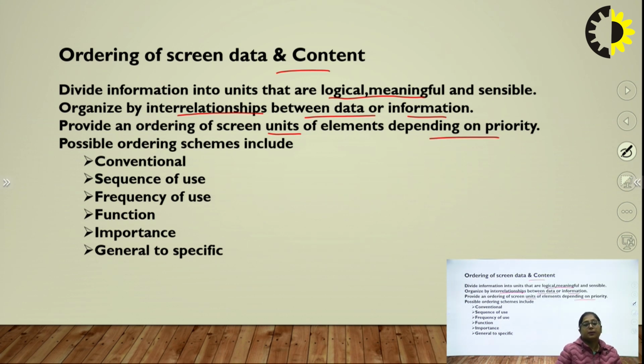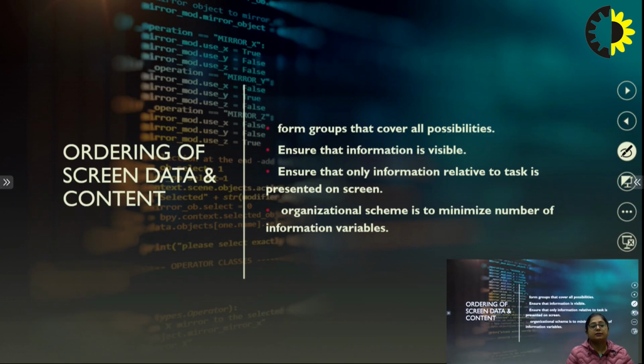The first important things are primary and the next important things are secondary. So what are the possible ordering schemes? The first are conventions of use, sequence of use, frequency of use, function of use, importance and general to specific. So let's discuss these.